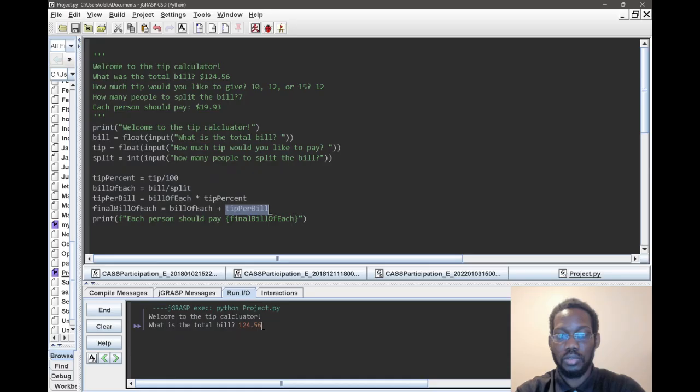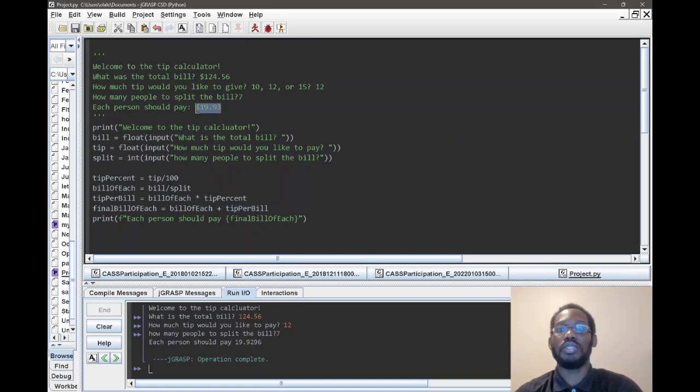How much tip would you like to pay? Let's do a 12. How many people to split the bill? 7. Each person would pay 19.9296. Now, as we can see, the solution is a float that needs to be rounded to 2 decimal places.